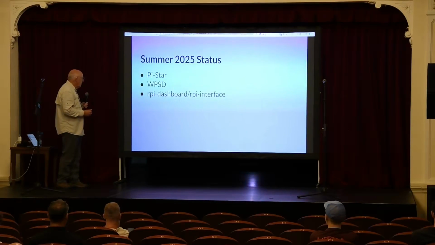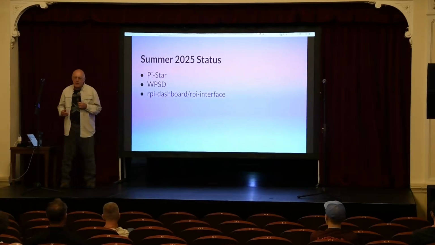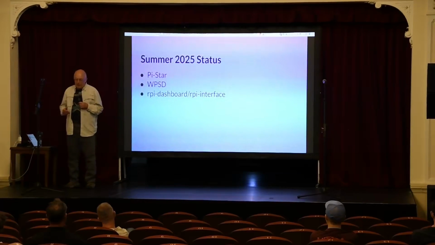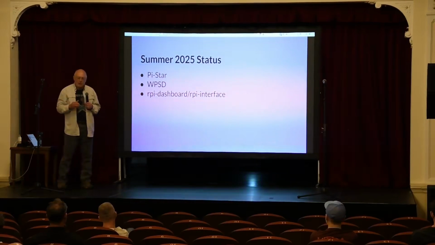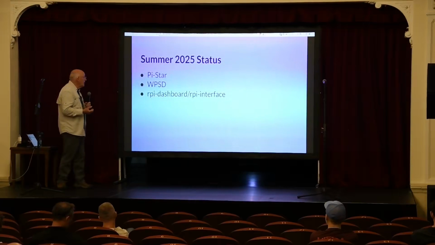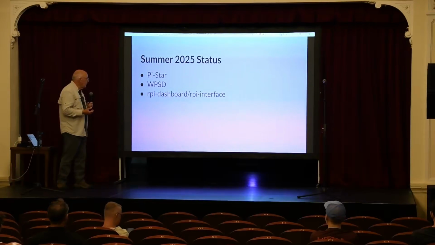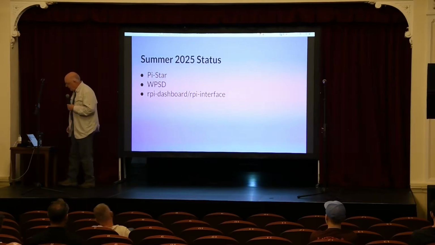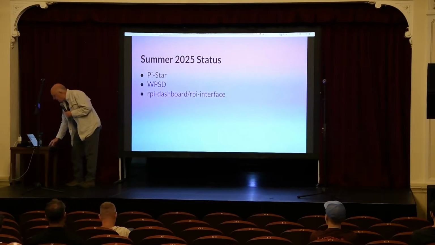There was also something called RPi Dashboard and RPi Interface, which, again, Wojciech had put together to run on the CC1200 and would give you basic M17 hotspot functionality. And that was continuing to happen.